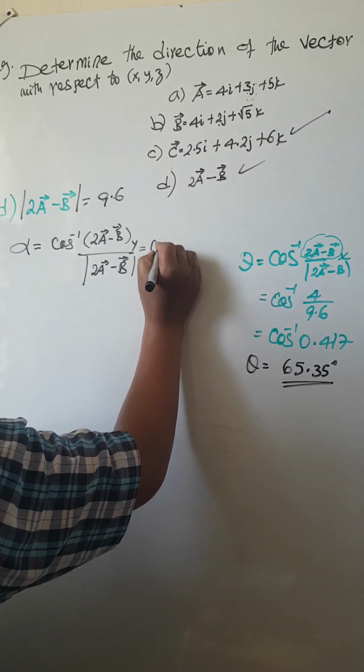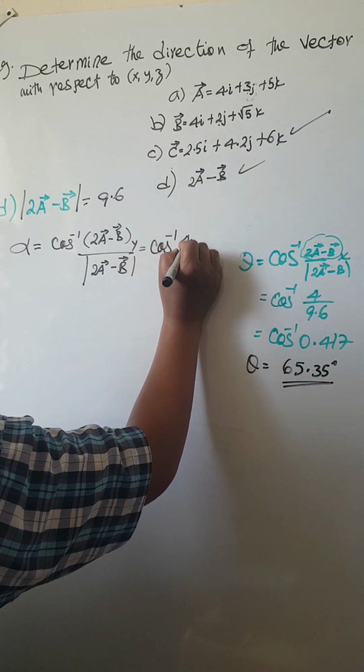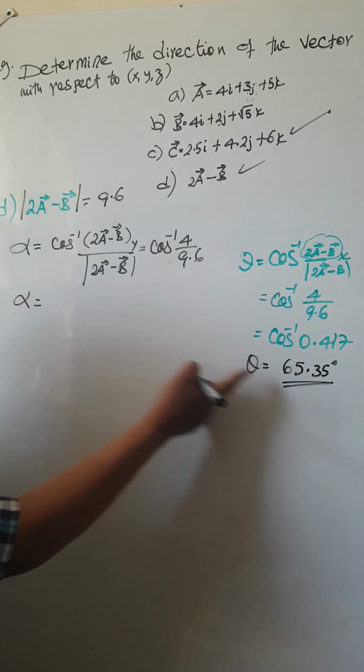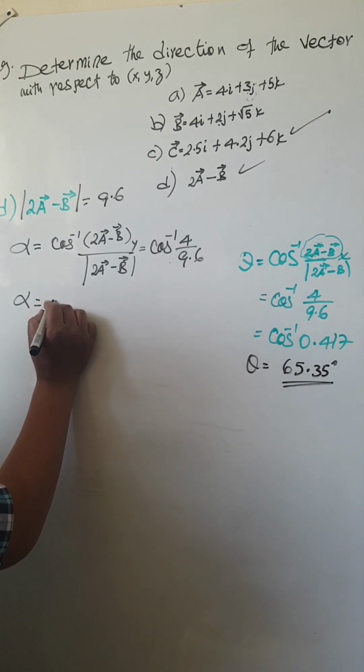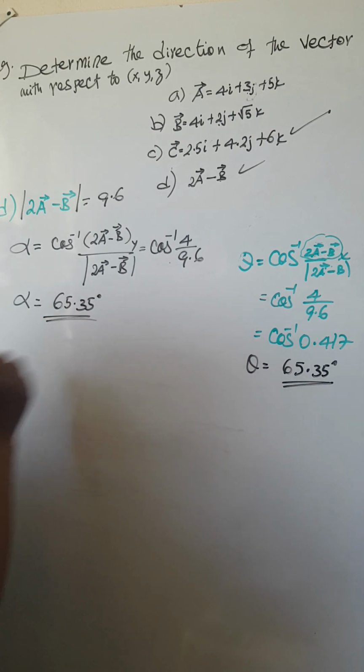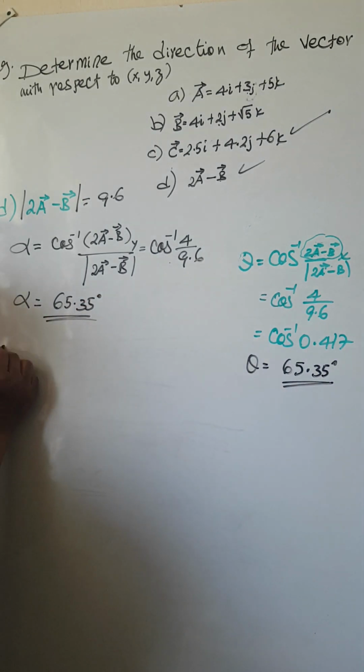Again, this is equal to 4 divided by 9.6, so alpha is the same as theta, equal to 65.35 degrees.